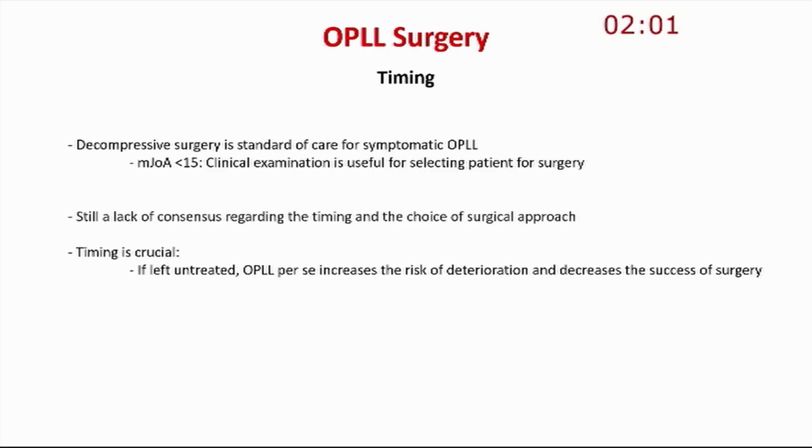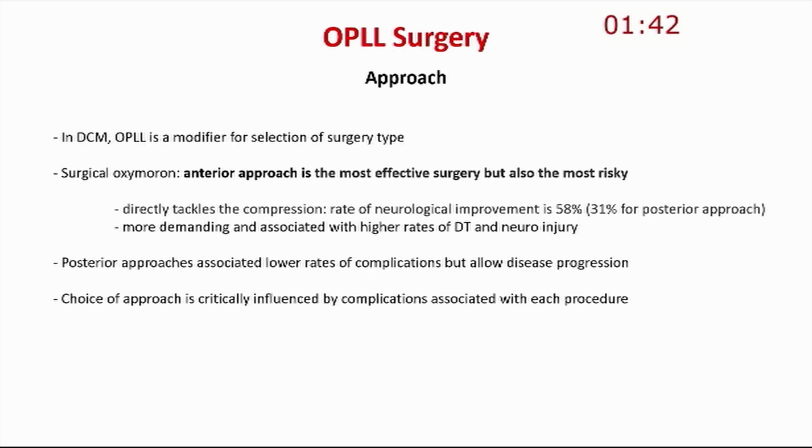The timing, there is a window. Decompressive surgery is the standard of care for symptomatic OPLL, ideally with a JOA score inferior to 15. Still a lack of consensus regarding the time and choice of surgical approach, but time is crucial. OPLL is a modifier for the selection of type of surgery.